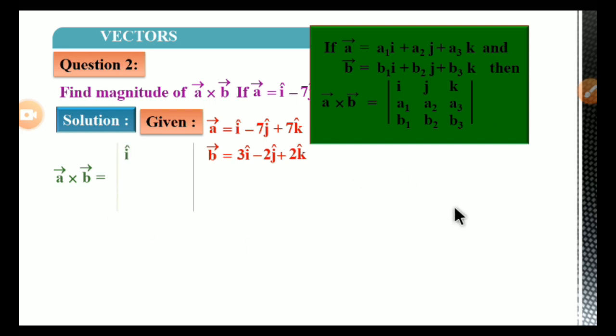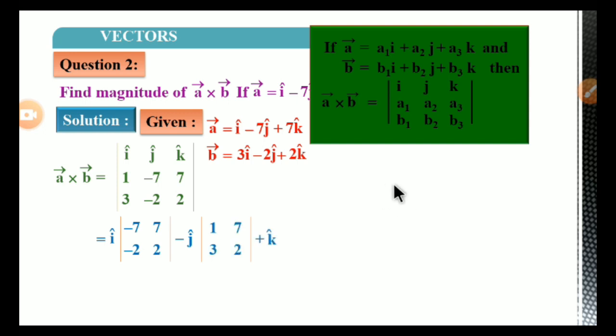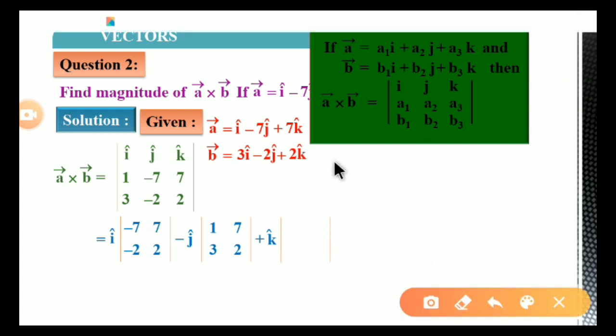That will be given by i j k in the first row, second row contains 1 minus 7 plus 7, and third row contains 3 minus 2 plus 2. Now for simplification we will have i into the determinant minus 7 7 minus 2 2, minus j multiplied with the determinant 1 7 3 2, plus k into the bracket of the determinant.